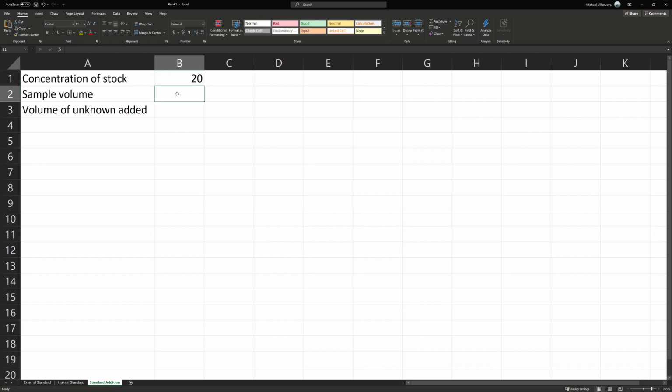Concentration of our calibration, our sample volume, be 100. Let's say we have our sample. Say we have our spike. Let's say we have our spike volume.